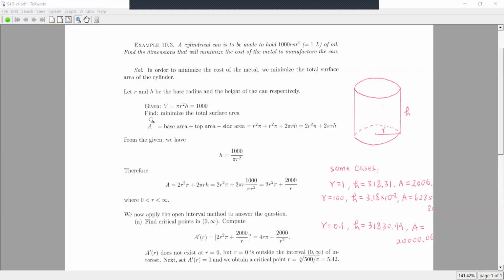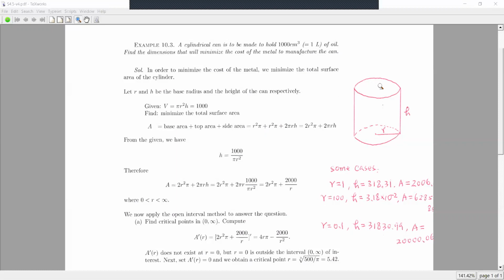What we need to find is to minimize the total surface area. I let A be the total surface area. It is base area plus top area plus side area. Base area: the base is a circle, area is pi r squared.